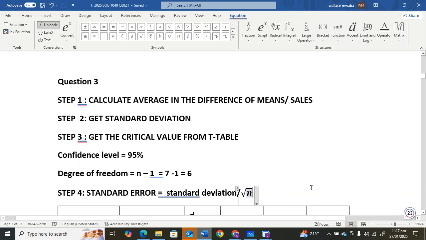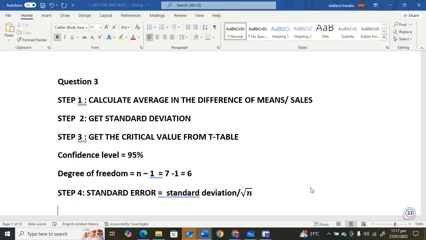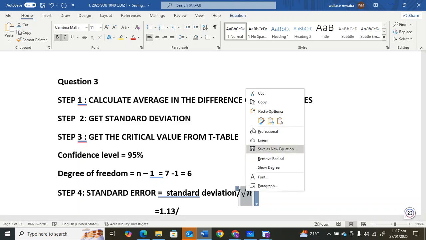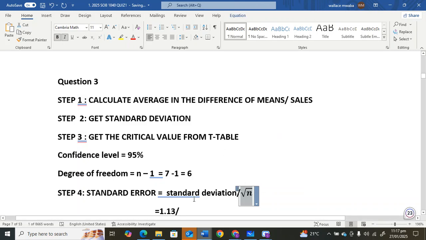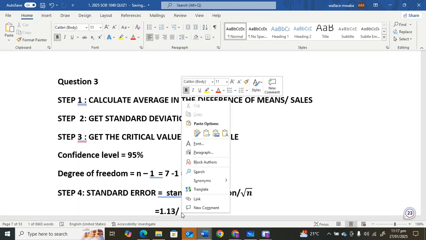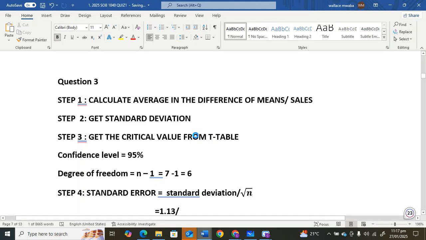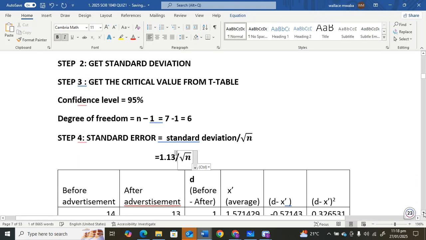So our standard deviation, what was it? 1.13, right? 1.13 divided by the square root of 7. So let's get our calculators.